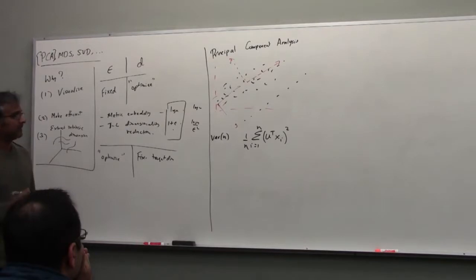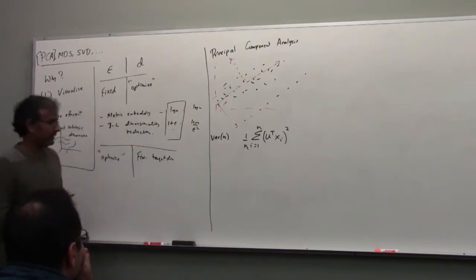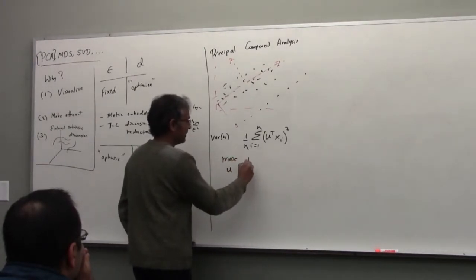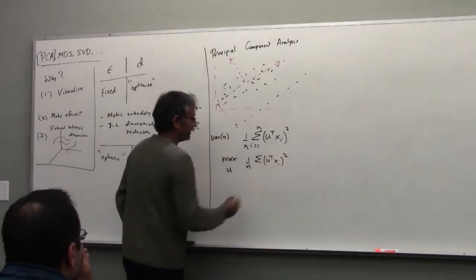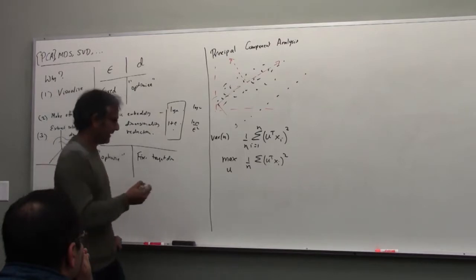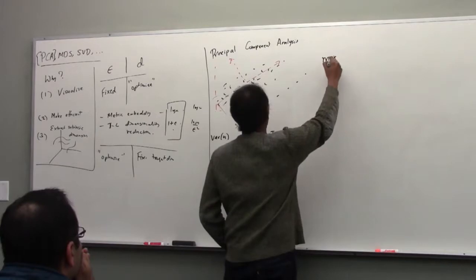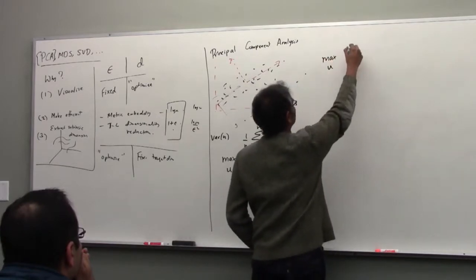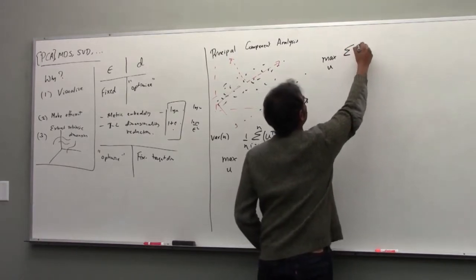Okay. What do I want to do now? I want to maximize this one. So I want to maximize over u 1 over n sigma u transpose xi whole squared. So using some basic vector magic, you can rewrite this whole thing as maximizing over u. I'll ignore the 1 over n because it doesn't really matter.